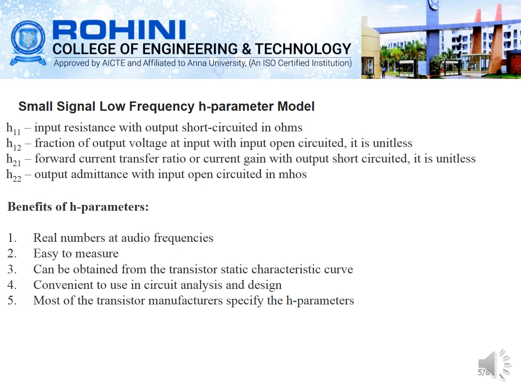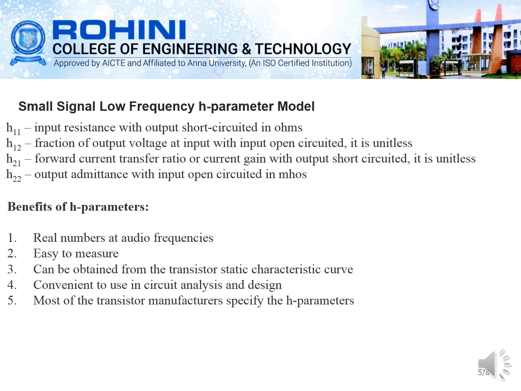Why do these H parameters have so many benefits? Due to these 5 reasons, for audio frequencies also we can calculate in terms of real numbers, and it is very easy to measure when we obtain them in terms of the H parameters.